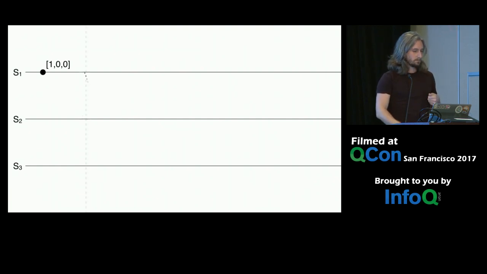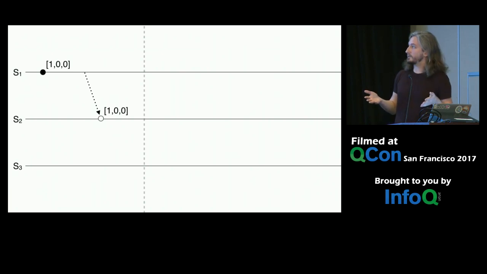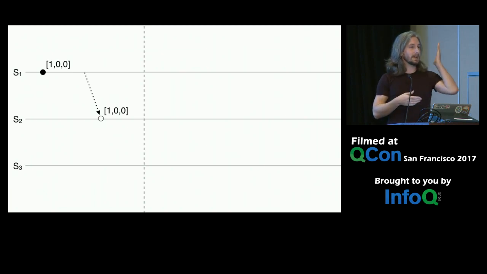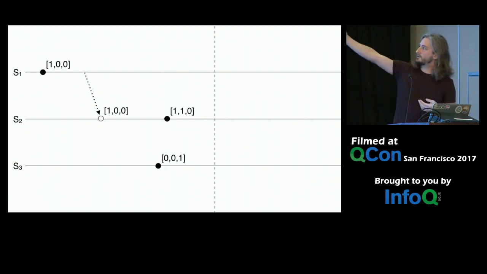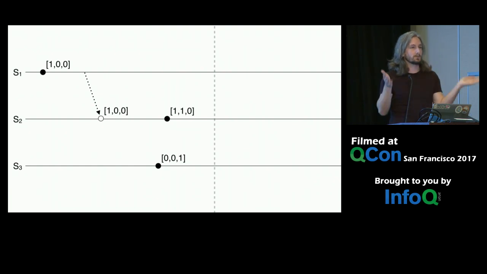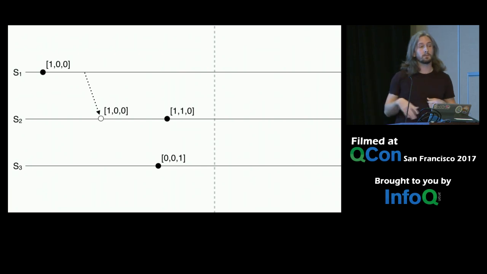S1 can then replicate that down to S2, and now S2 sees, okay, I have seen S1's event. Then more events occur. S2 has its own event, and so now its version vector is 1, 1, 0, because it has seen S1's event and also has its own event. Meanwhile, S3 at the bottom hasn't seen any of these, so it is just incrementing its own.